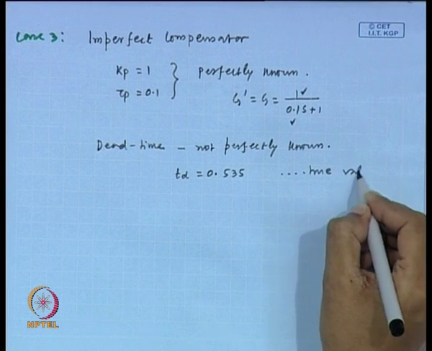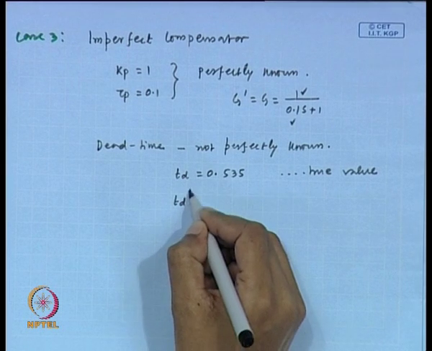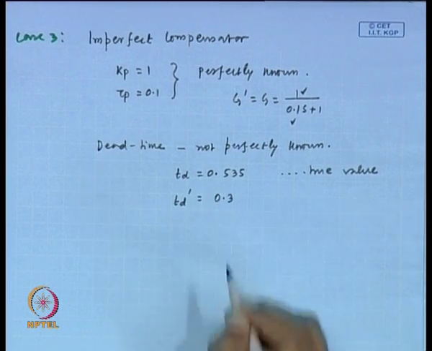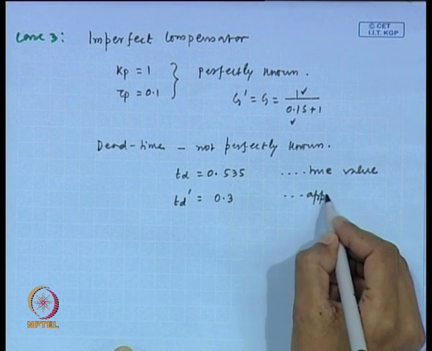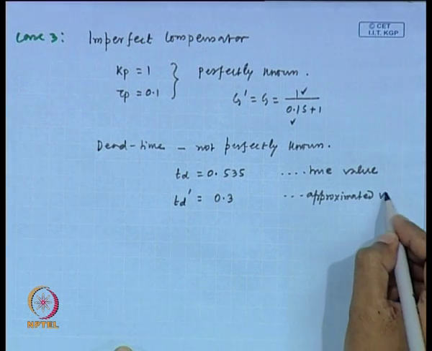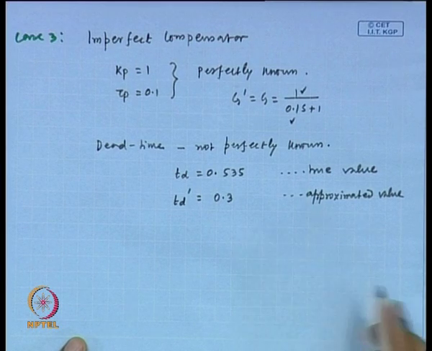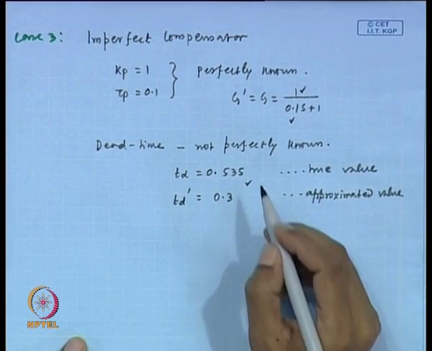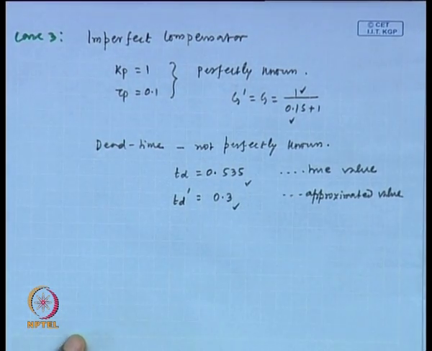This is true value, and approximated value is suppose 0.3. Fine. Original value is 0.535, but we have developed the dead time compensator based on the value of 0.3.